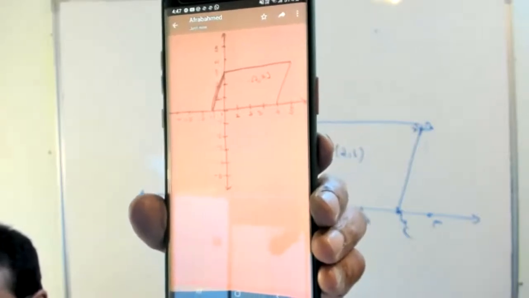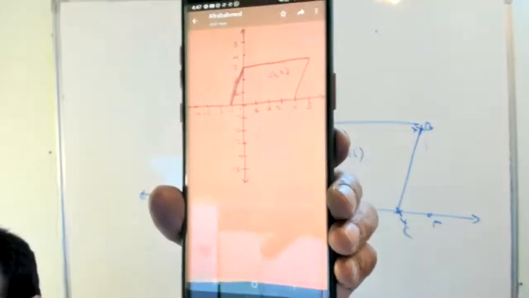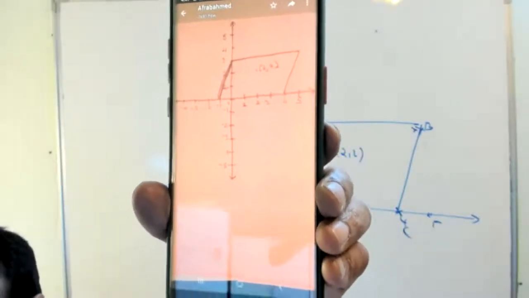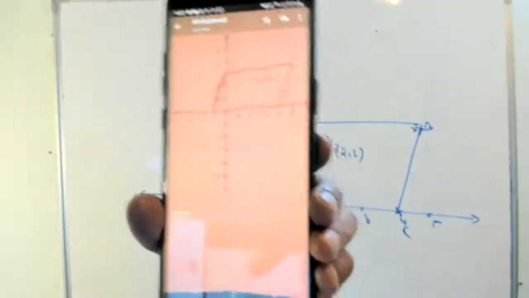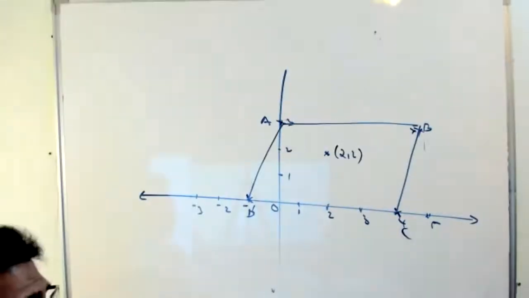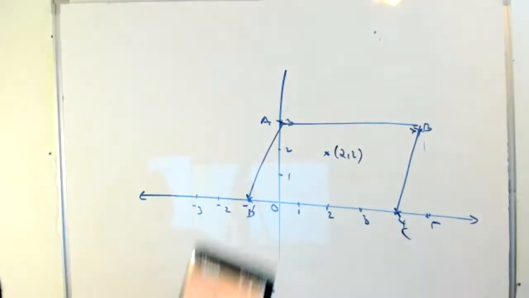Sir, I used... What do you use? Sir, I used a scale. Then how can it bend from B to C? Why does everything bend? Here bend, here bend, here bend. You didn't use the scale, correct or no?